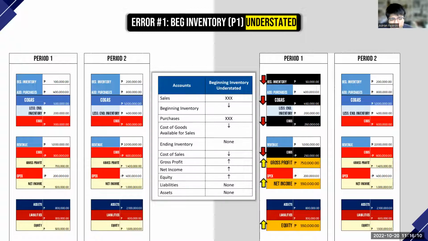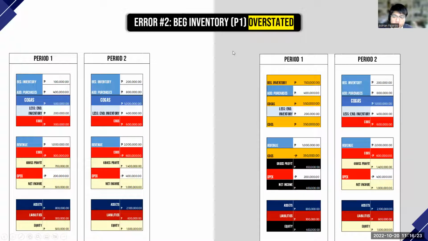So again, there are two ways. Honestly, you memorize everything or you understand why that happens, right? So that's error number 1. Error number 2, the reverse. When beginning inventory is overstated, cost of goods available for sale is overstated, COGS is overstated. When COGS is overstated, gross profit is understated, net income is understated, equity is understated.